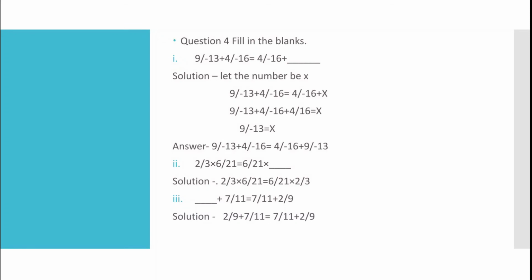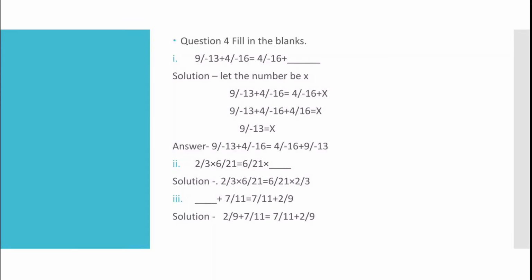So let the number be x. 9 divided by minus 13 plus 4 divided by minus 16 equals 4 by minus 16 plus x. Here minus 16 and here it will become plus 4 by 16. We will solve this, we will get the answer 9 by minus 13. This is the value of x.